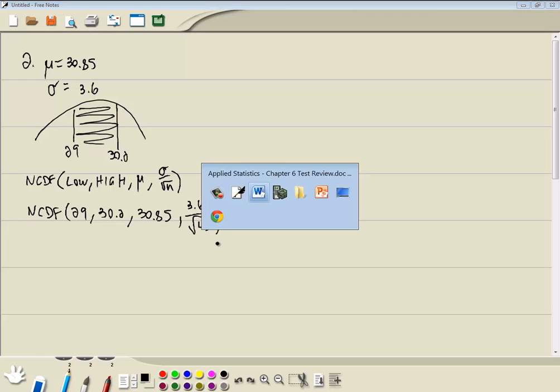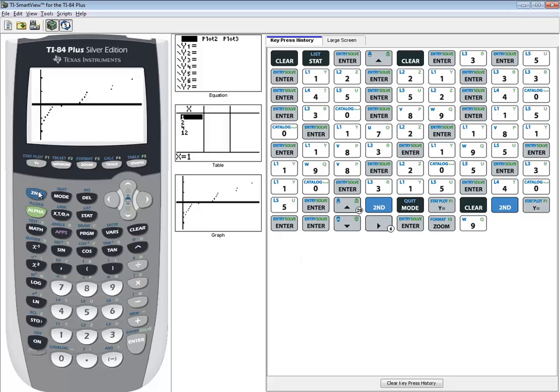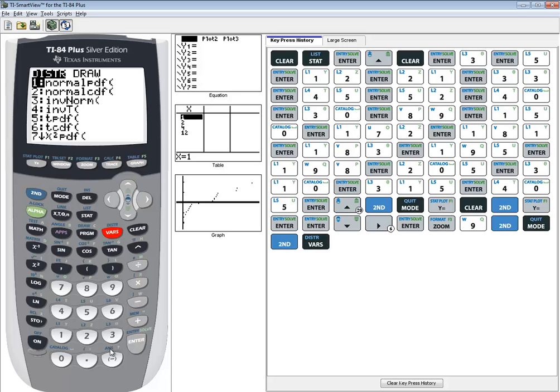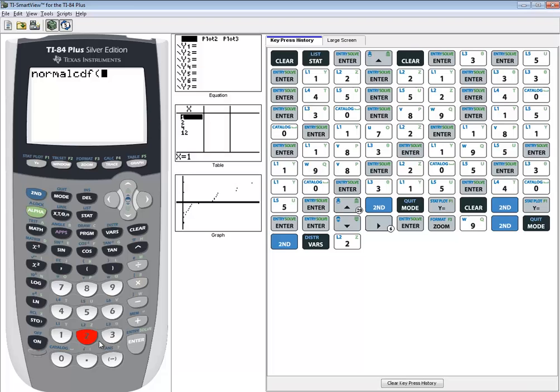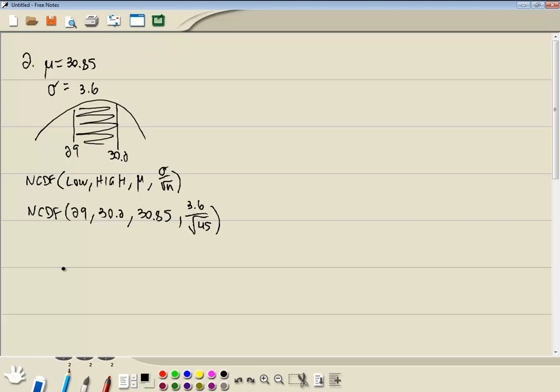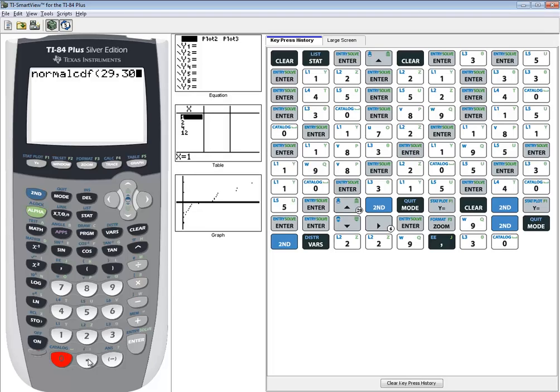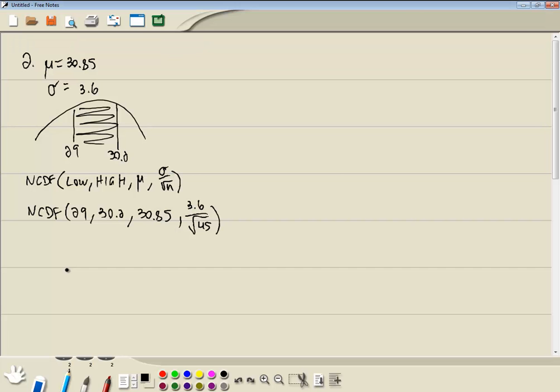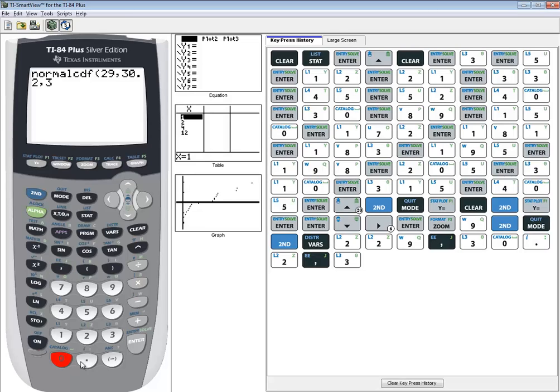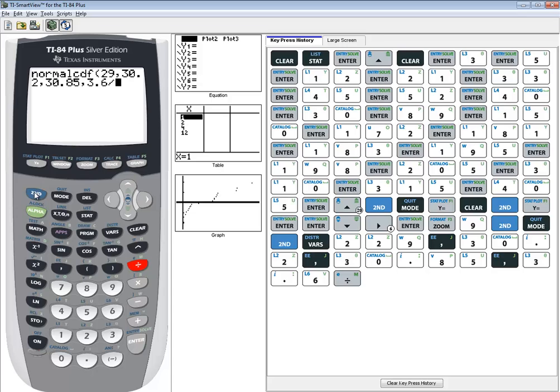And now we can plug that into our calculator. So do second mode, and I'll do second vars, choose normal CDF, and I got 29, comma, 30.2, comma, 30.85, comma, 3.6 divided by the square root, so second x squared, 45, and then press enter.